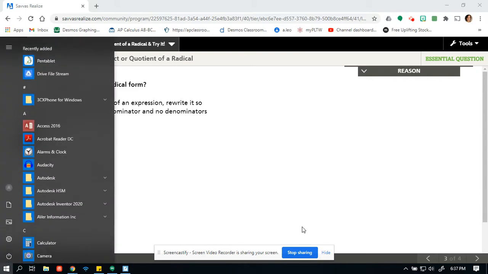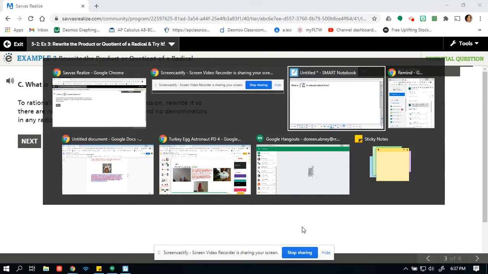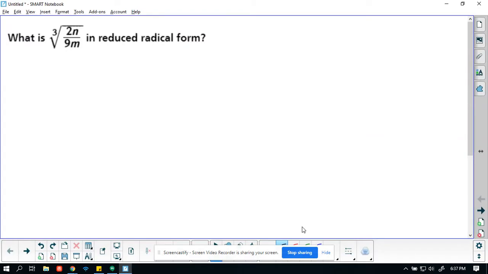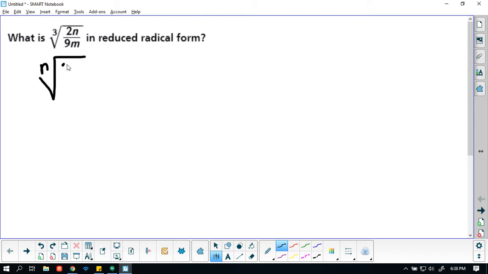So let me go over to my notebook. Let's start working this. If you remember back in the concept check, we learned, I'm going to use A and B, that if I have a radical of A over B, we can break this apart.